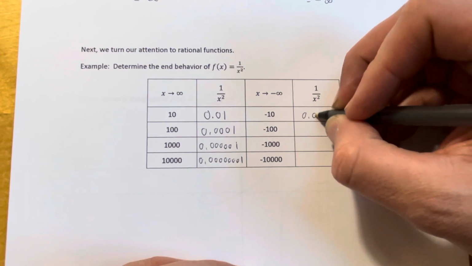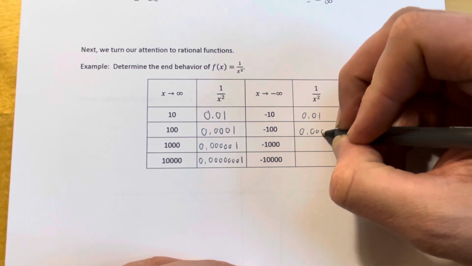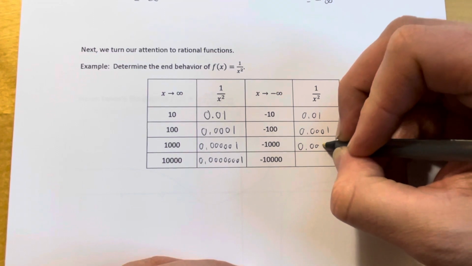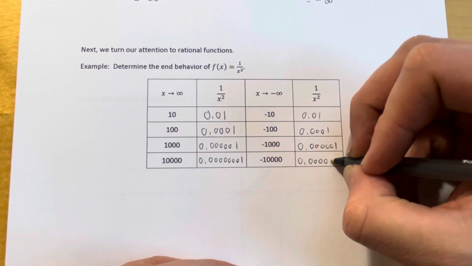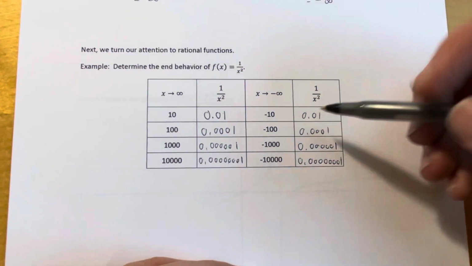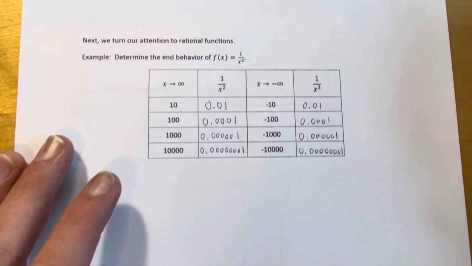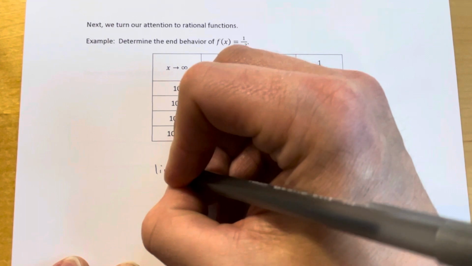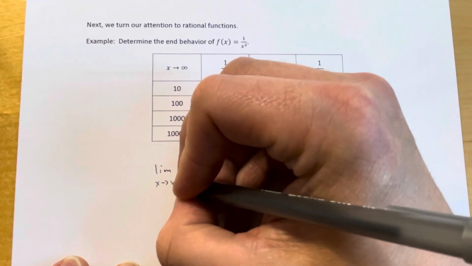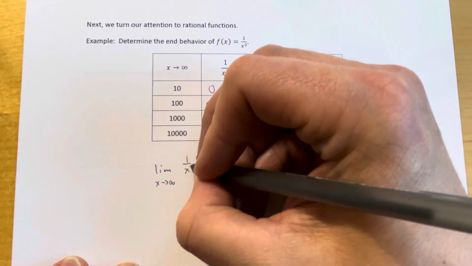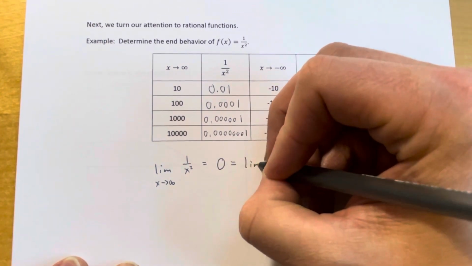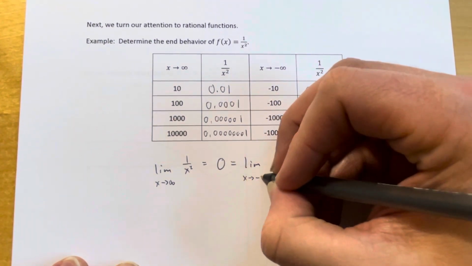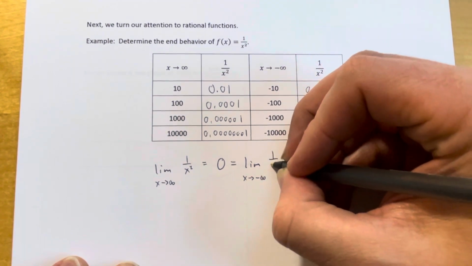So this appears to also be approaching 0. In this case, I would say that the limit as x approaches infinity of 1 over x squared is equal to 0, as is the limit as x approaches negative infinity of 1 over x squared.